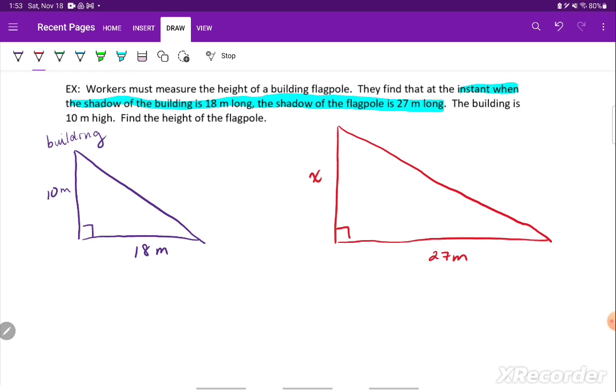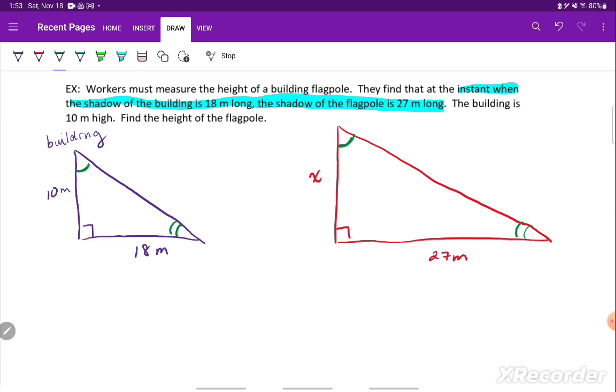So that means that these angles up here are going to be the same for both of them. Well, if the top two angles are the same and the bottom two angles are 90, then that's going to force the third angle in both of these triangles to be the same. And since both triangles have the same angle measures, then we know that they are similar triangles.